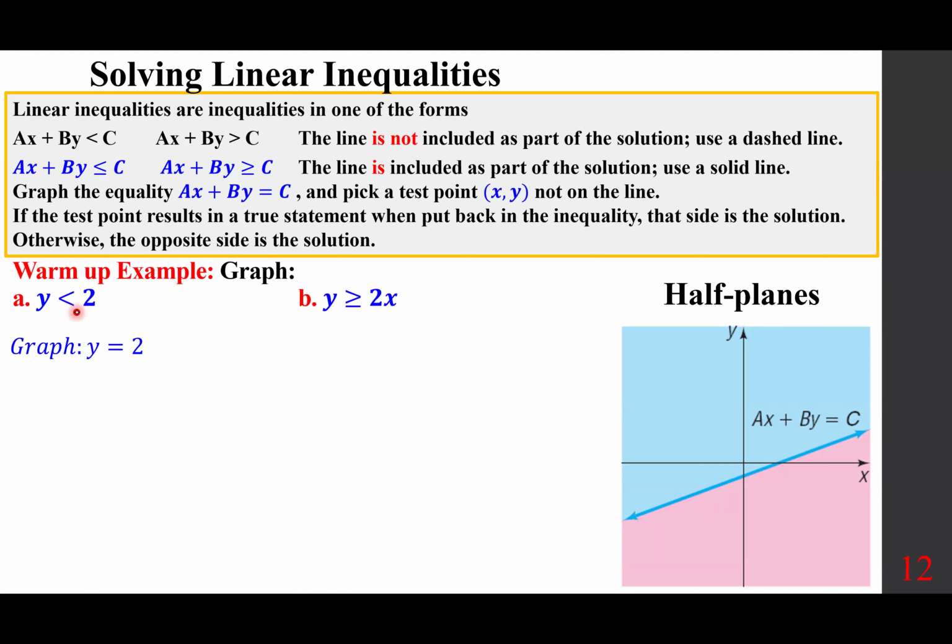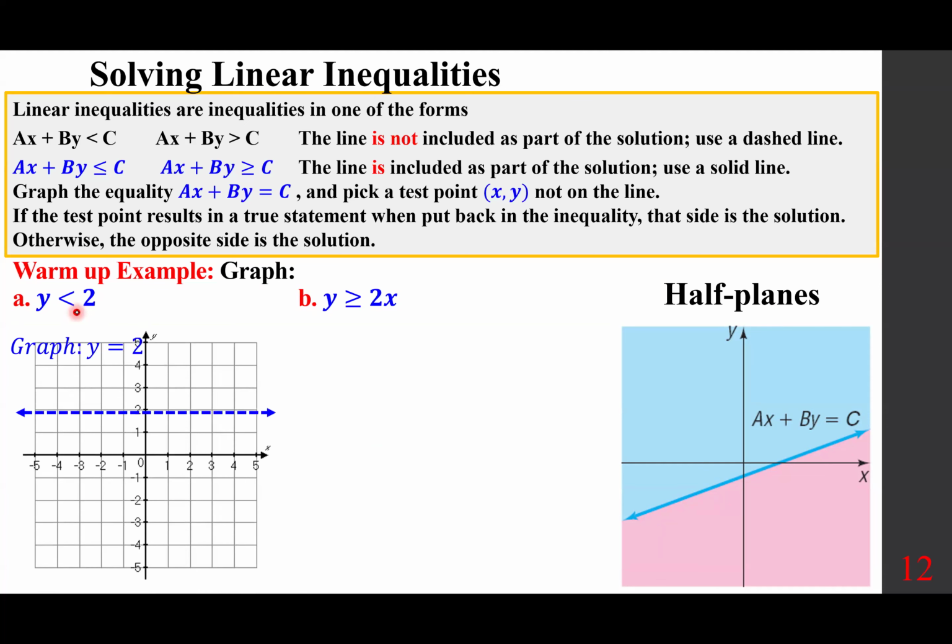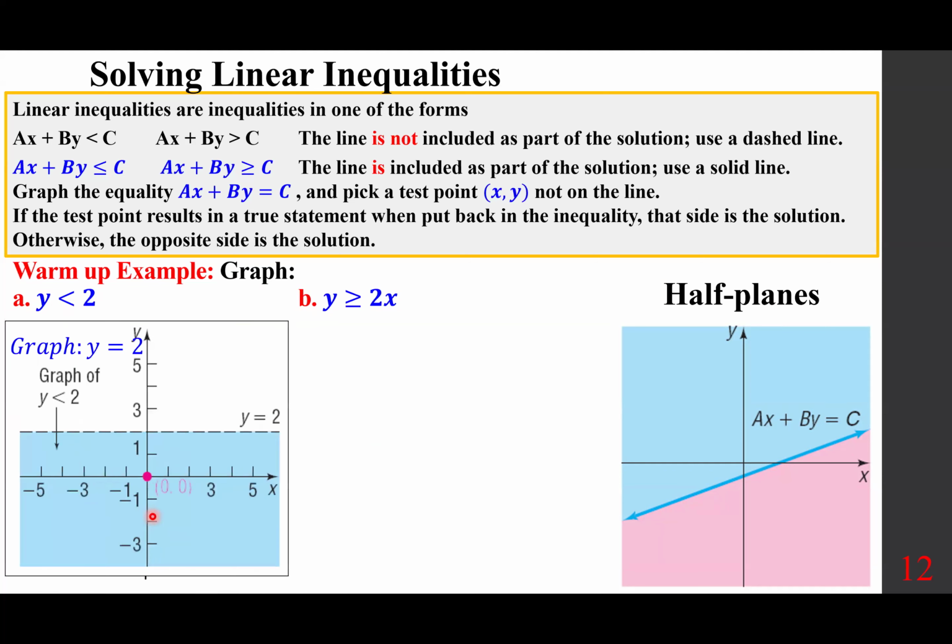Obviously, y equals 2 is a horizontal line. The reason we go with dash is that we don't have an equality. It's less than 2, so below that. And that would be an example of a test point. If you plug in 0, 0, you have to go with the y coordinate. 0 is less than 2.